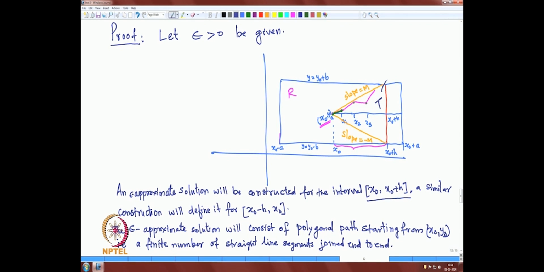This triangular region is bounded by the straight line having slope -m and another straight line having slope m, and also by the line x equals x0 plus h. So, it is a triangle formed by 3 lines, and the portion of the approximate solution starting from (x0, y0) lies inside this triangular portion.